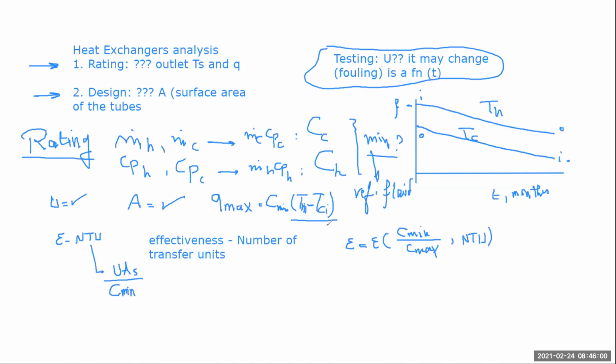Doctor, the effectiveness is always less than 1. Yes, I'm going to talk about the definition of the effectiveness now. So effectiveness is obtained from tables or charts as a function of C minimum over C maximum and the number of transfer units, depending on the type of heat exchanger. You usually have a table of effectiveness, given as a function for a double pipe heat exchanger parallel flow, double pipe heat exchanger counter flow, and shell and tube heat exchangers, whether it is 1-2, 1-4, 1-8, or 2-4.